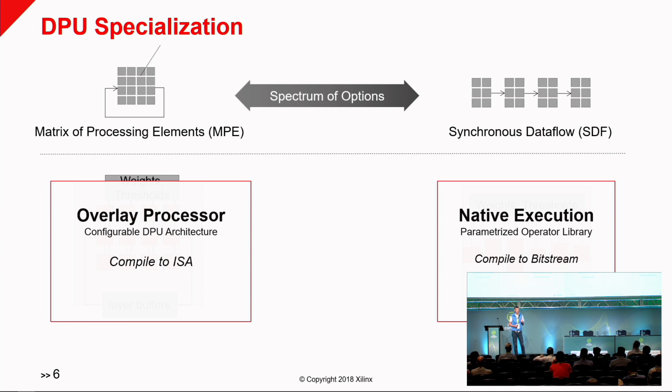But taking the operators and compiling them straight onto the FPGA really involves place and route, which is anything but JIT. Place and route is several hours. Whereas on the left-hand side, you customize your overlay processor, put it into the bit stream. Once you build that, then you can JIT compile to the overlay processor. And so you can get the best of both worlds: customization and fast compile time. So that's an overview of the DPU spectrum.